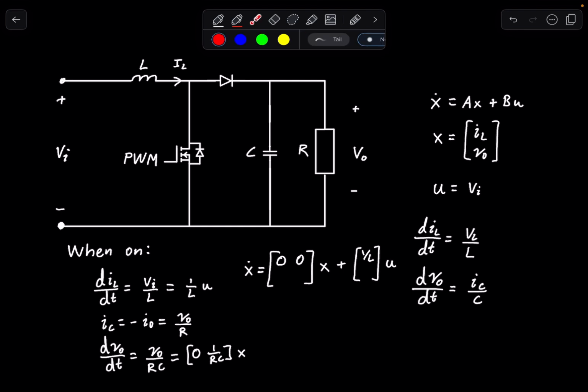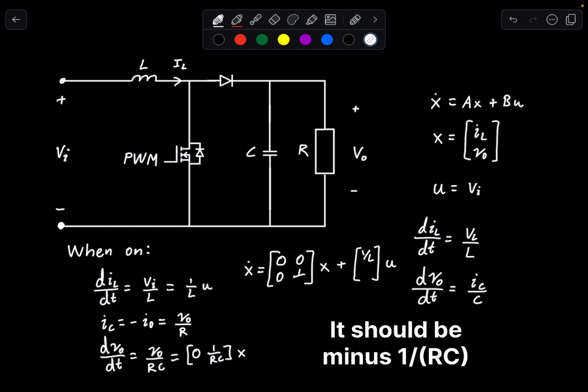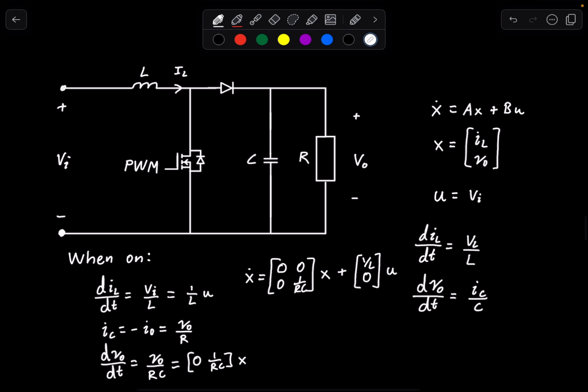And now if we look at this equation here, we can see that we have the x. So we just put in what's in front of the x, which is 1 over RC, and we don't have any u, so we just write 0. We therefore get that this is A on, and this is B on.